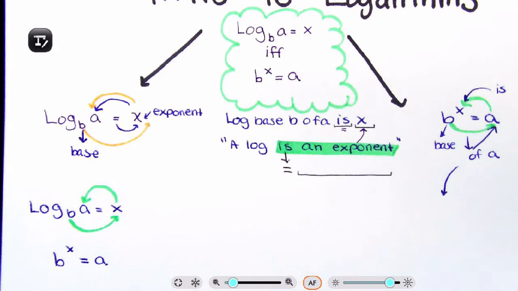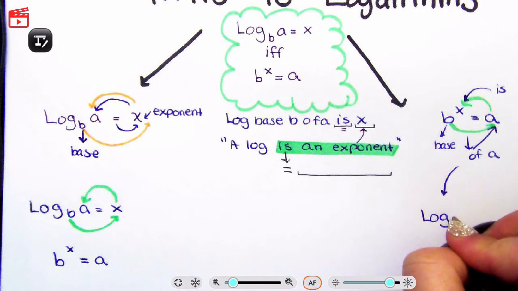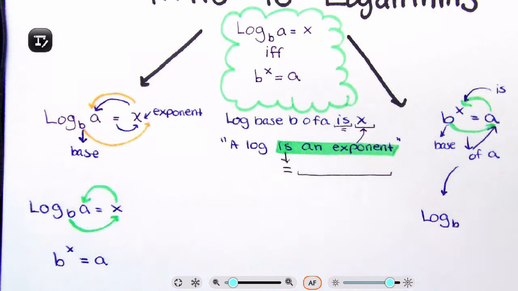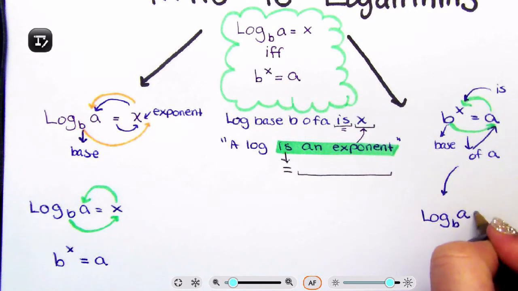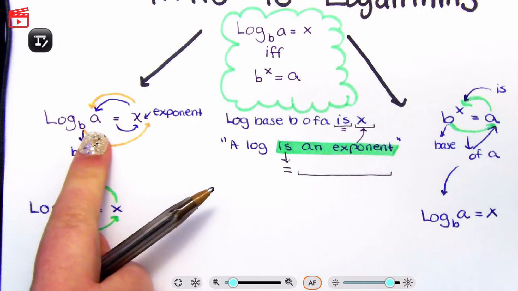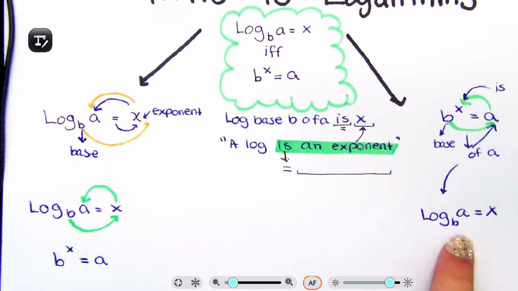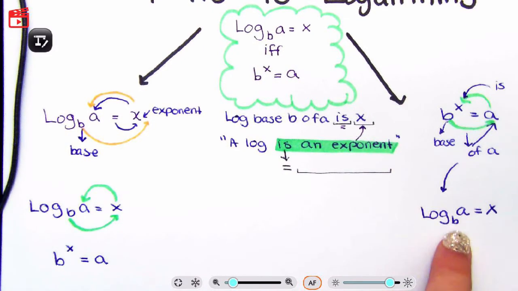Well, if you have an exponent and you need to rewrite this in terms of a logarithm, you're always going to start with log, L-O-G, and then you're going to write base b, which is smaller and lower, like a subscript of b, of a is equal to x. Let's do some examples. So we're going to do an example of writing a logarithm as an exponent, and we're going to do an example of exponential form being written in logarithmic form.